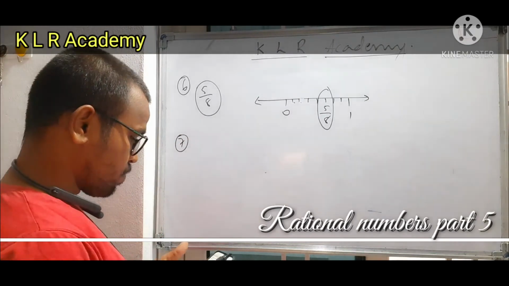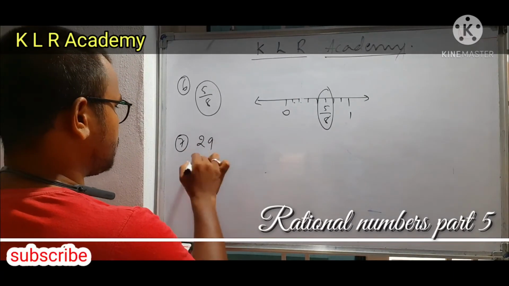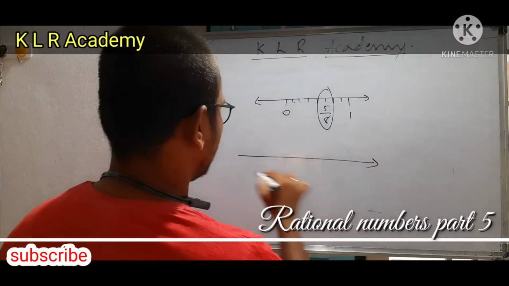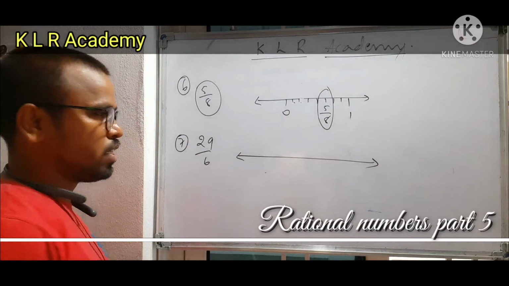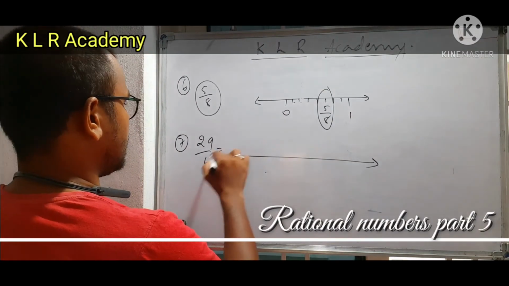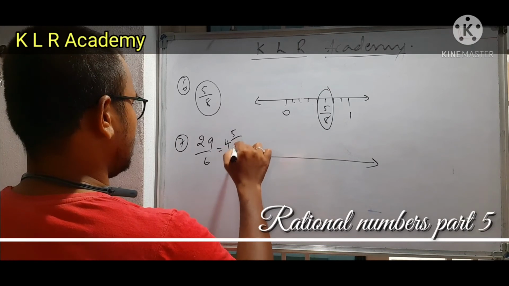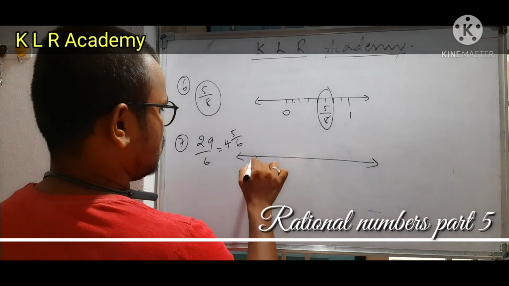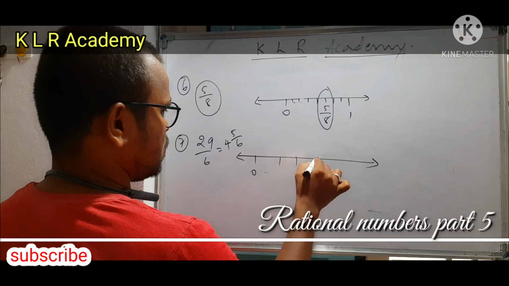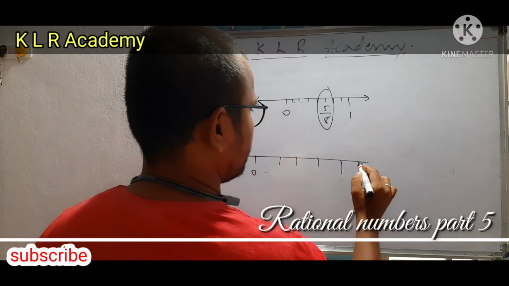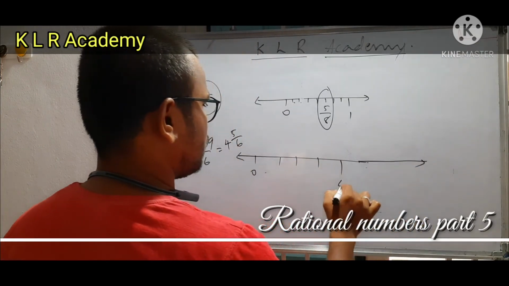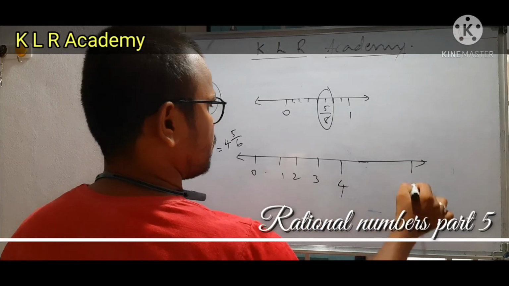Example 7. Represent 29 by 6 on number line. 29 by 6. As it is an improper fraction, convert it into mixed fraction. That is 6 4s are 24. That is 4 and 5 by 6. So this is 0, 1, 2, 3, 4. This is 4, 5.